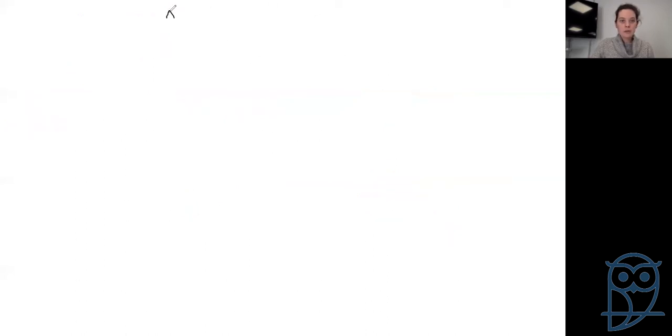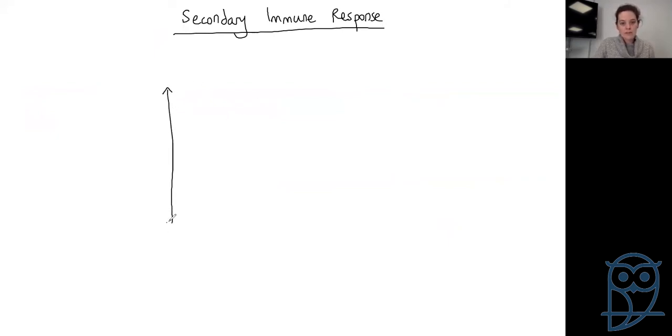So let's talk a moment about the secondary immune response. So it's nice to do this with a little bit of a graph. And let's look at antibody concentration.